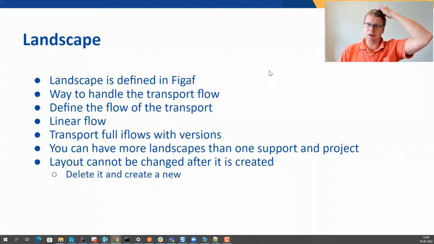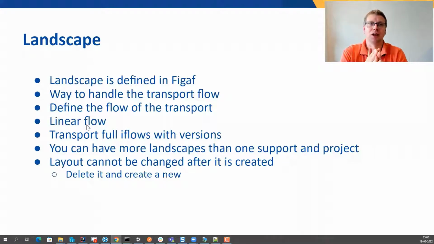Yeah, landscape in Figaf is a way to show you what is going on in it. It's kind of a linear flow, at least if you're using normal composite landscapes. Then you can set it up and say, okay, we have dev, QA, production. In some scenarios, you can also create branching, but I guess that's a little more complex, and you would need to run it outside of the normal scope here.